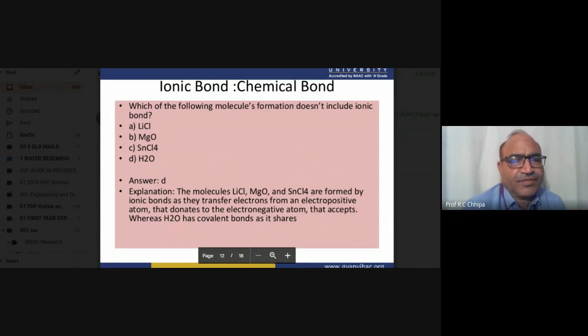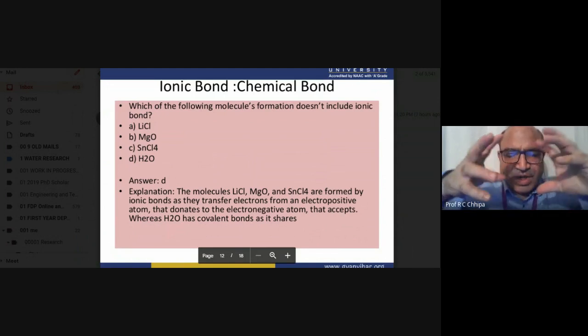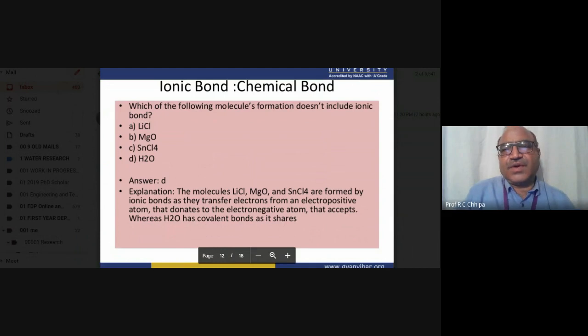Lithium chloride, magnesium oxide, and tin chloride are formed by ionic bonds, where an electropositive atom transfers electrons and donates to the electronegative atom, which accepts them. Water, however, has covalent bonds, which are formed by the sharing of electrons.